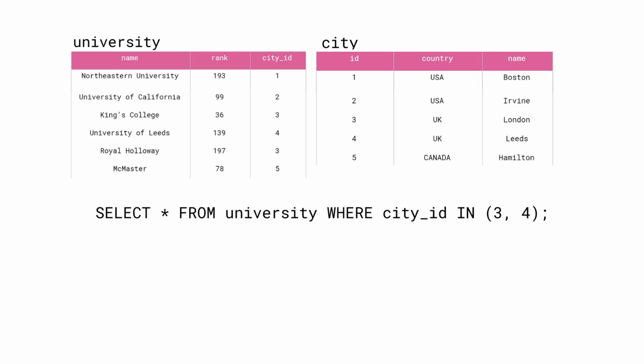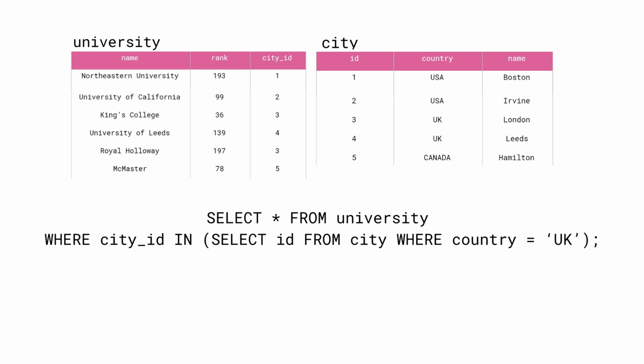However, we don't like writing two separate queries, so we'll use a subquery with the IN operator to show everything in a single instruction. First, we'll take the second query from the last example. This query shows all information about universities with city IDs 3 or 4.